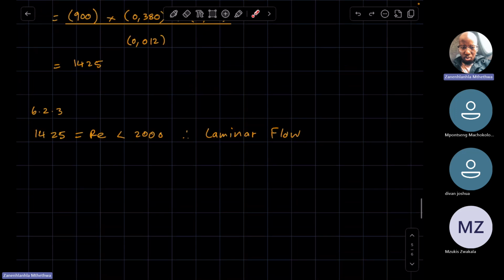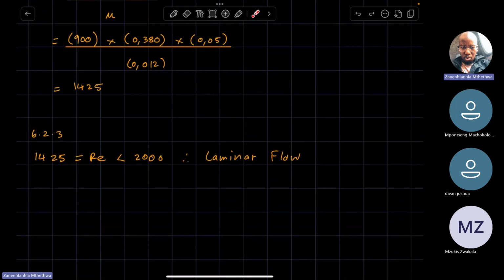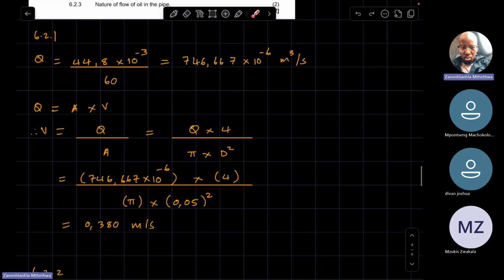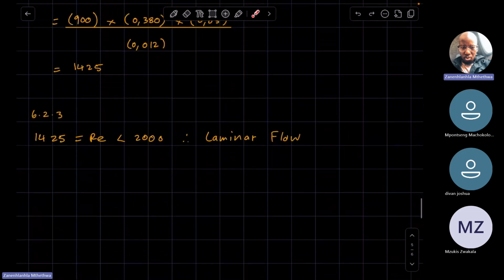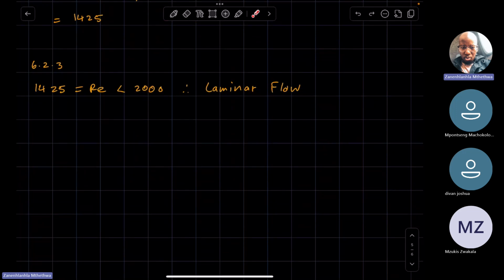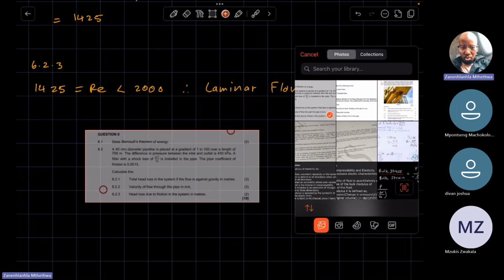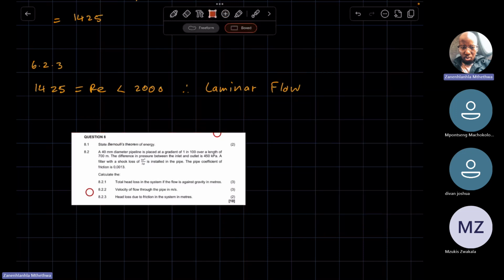So we've looked at simple hydraulic systems. We've looked at fluid in motion. Let's look at a question on pipeline systems.